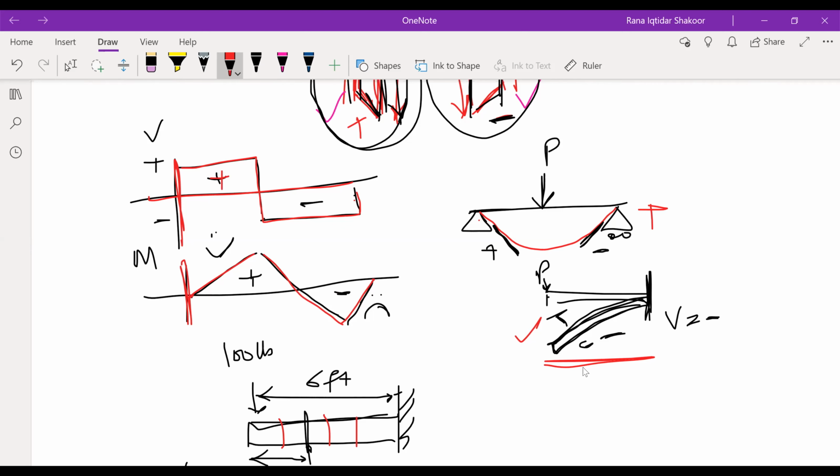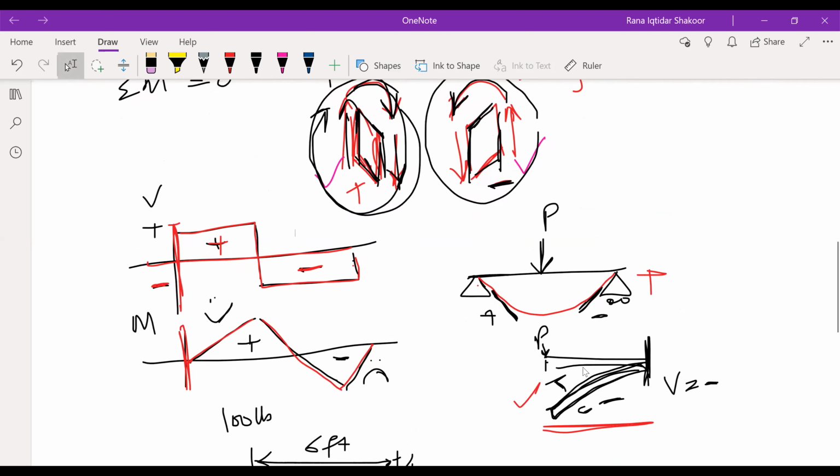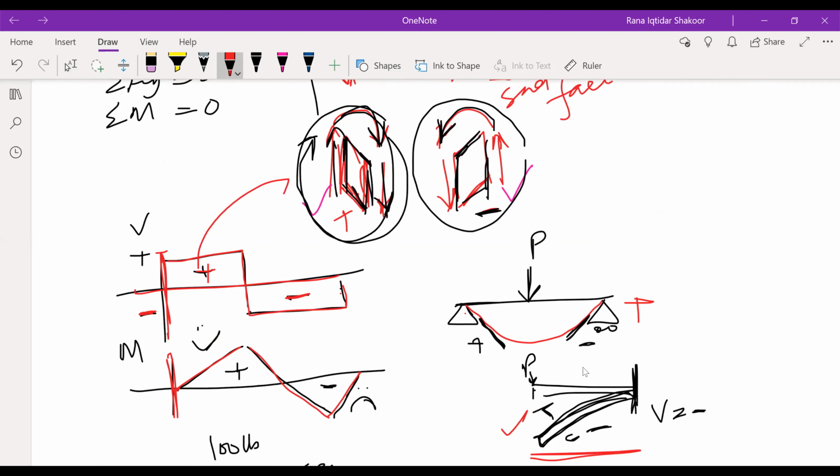This is a positive shear because it is in the positive direction, and this is the negative shear, and this is the negative shear. So when I see this, I can see that this part is going to be this part, right? Whenever you have this sort of condition, you will draw it positive, and whenever you have this sort of situation, you will go for the negative one.